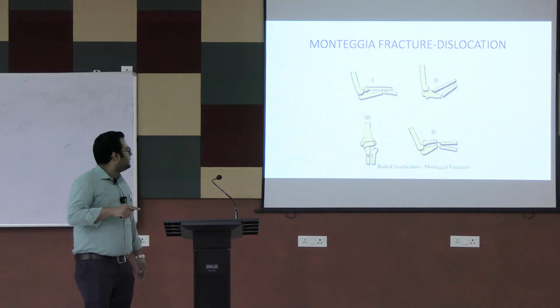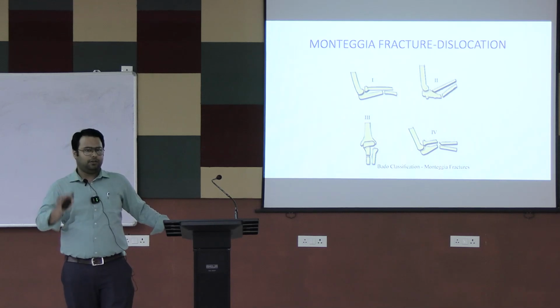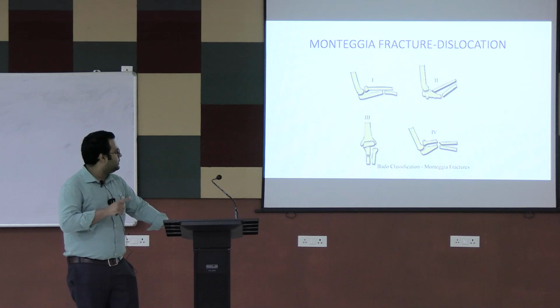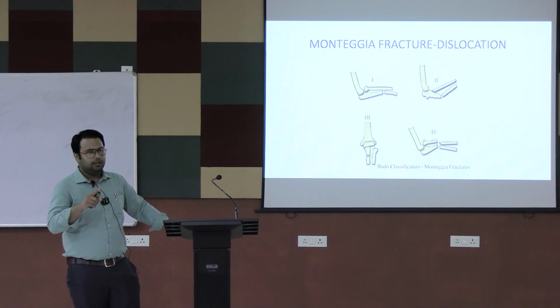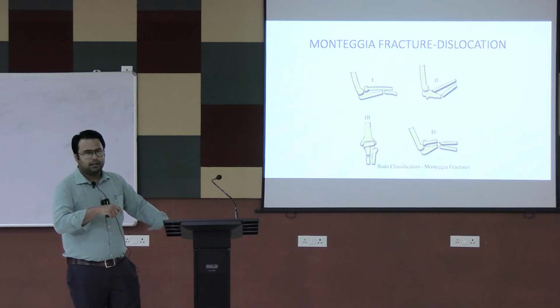So this is Bado's classification of Monteggia fractures. As far as classification, there are 4 types of Monteggia fracture dislocation. The first type is in which the fractured ulna is apexed volarly, along with volar dislocation of the head of radius, the type 1. The second one is there is dorsal angulation of the ulnar fracture along with posterior subluxation of the head of radius.